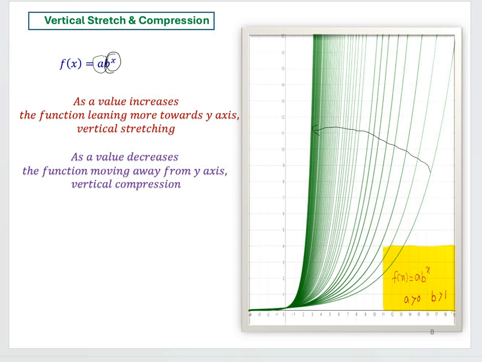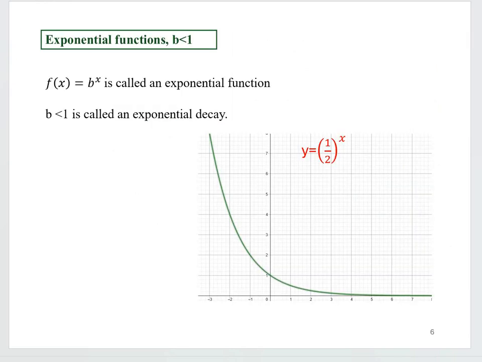And if the b value is in between 0 and 1, it is called an exponential decay. For example, this is the graph of 1/2 to the power x. We know this b value is a number less than 1, in between 0 and 1, so it is an exponential decay.